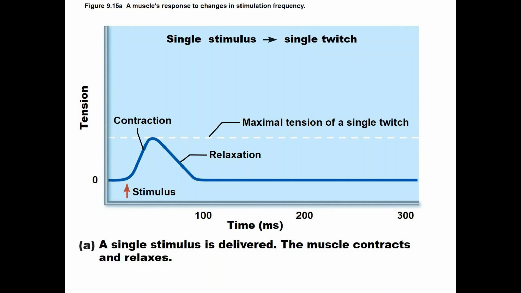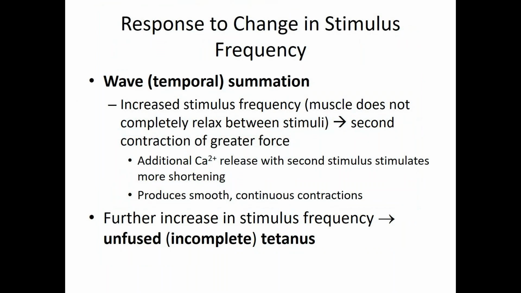What happens if we start having more action potentials? What happens when we have a stimulus and then another stimulus and another stimulus? What we're going to do is essentially add those together. A process we're going to call wave summation, or temporal summation. And summation here just means, again, adding together.